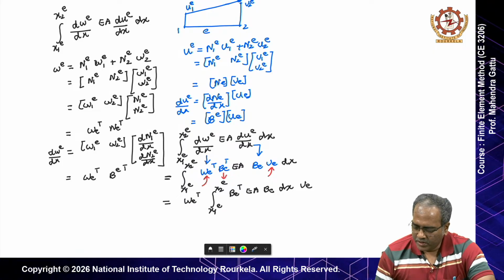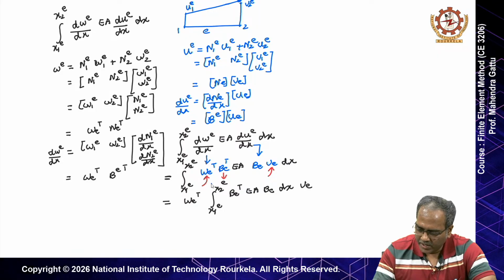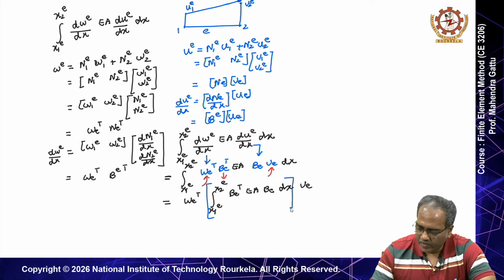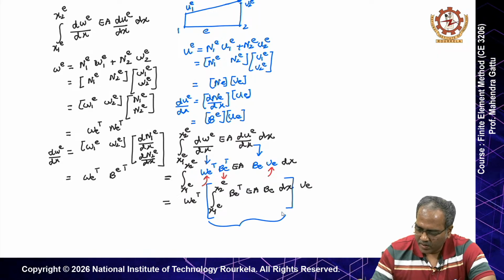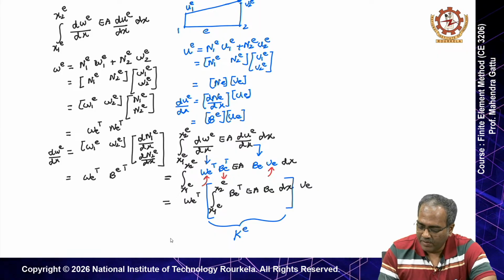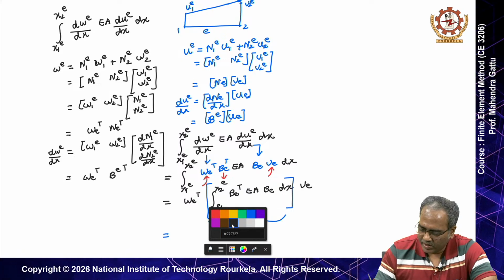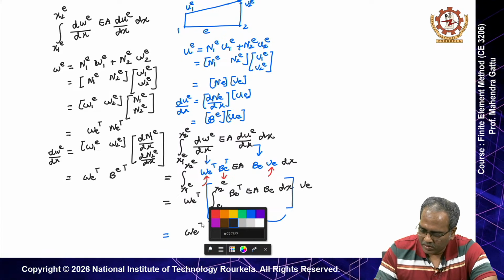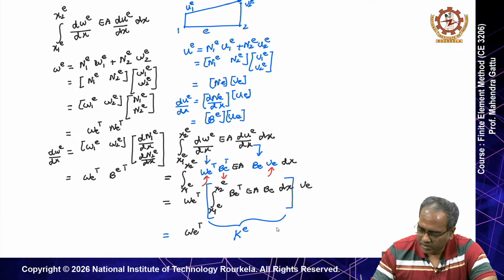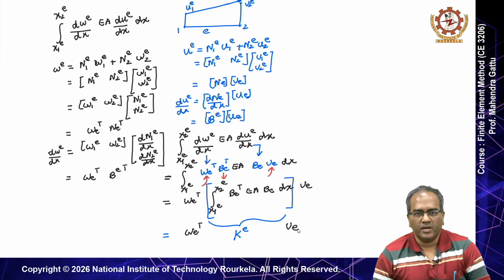So, we denote this entire integral by K e. It is the element stiffness matrix, and the remaining terms will be the same: W transpose, and here we have the u e.